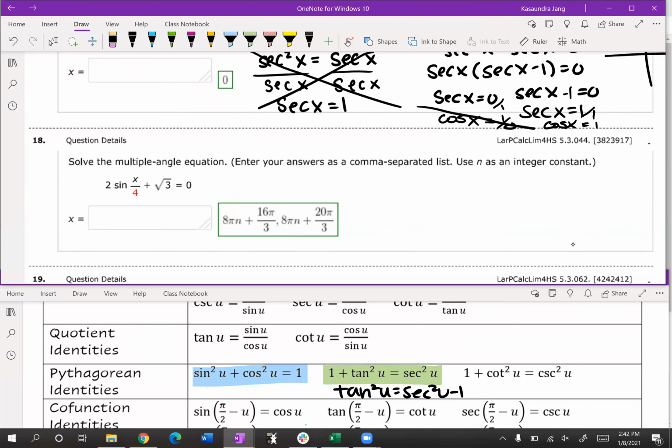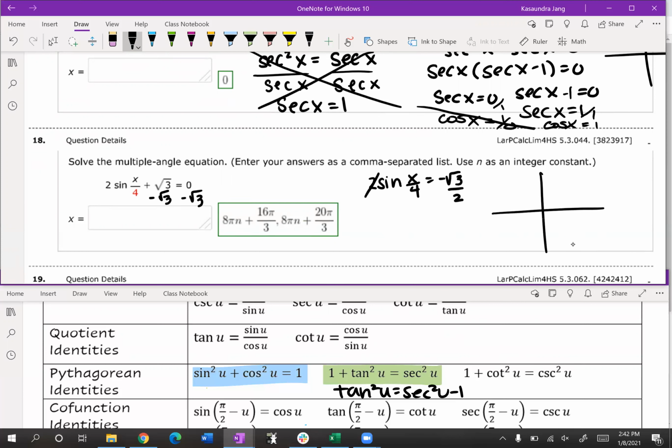So let's see. I think I'm going to start by subtracting a root 3 on both sides. And I'm going to divide by 2 on both sides. All right, we've got a negative root 3 over 2. And I actually know on my unit circle where I get a negative root 3 over 2.